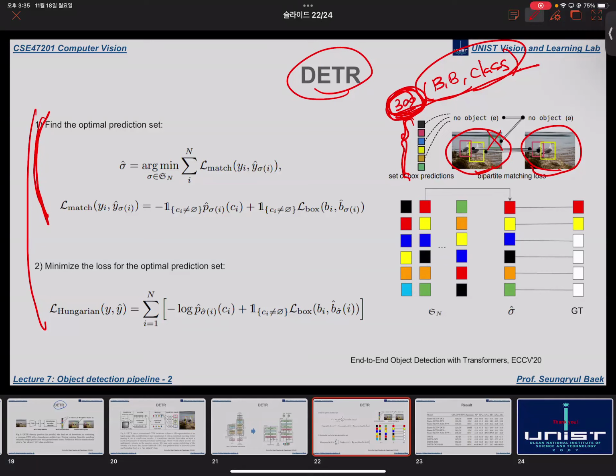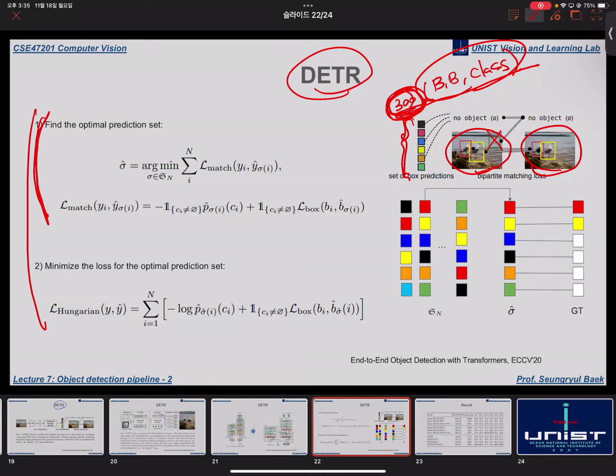And second, you will apply a loss function which brings your class prediction close to the ground truth, and your bounding boxes close to your ground truth bounding boxes, for the 2 selected predictions. Are you guys agreeing with that?